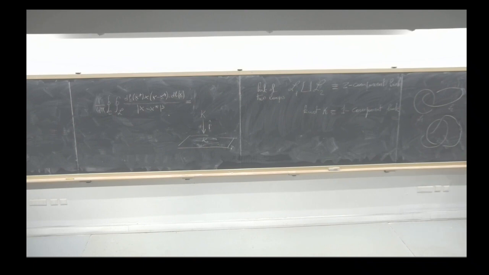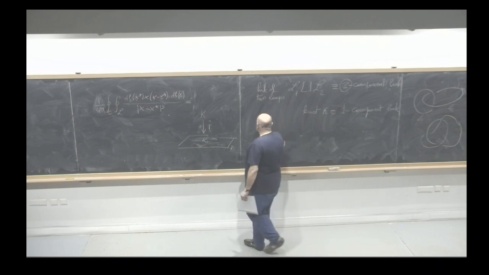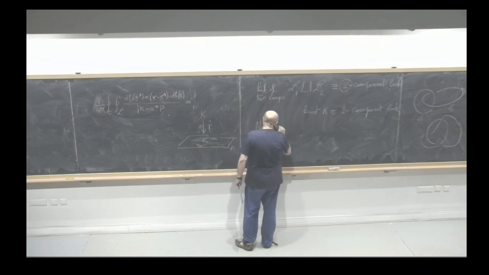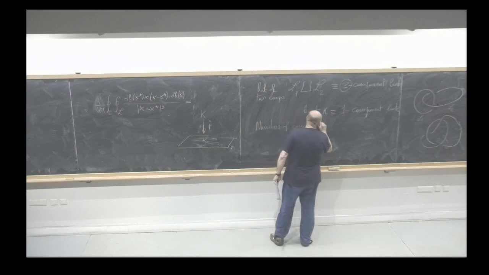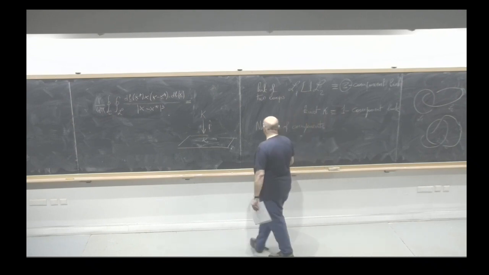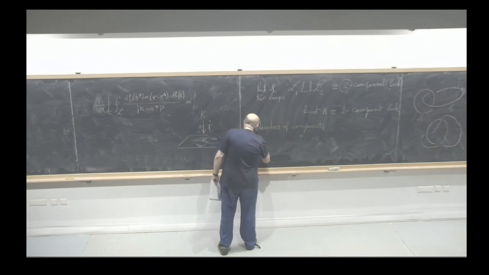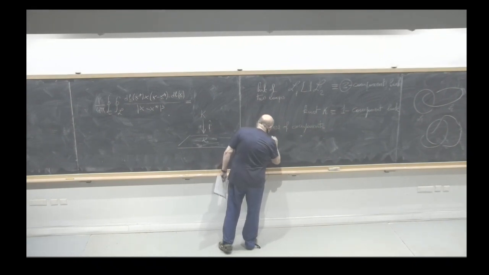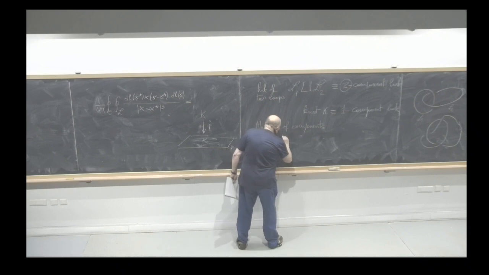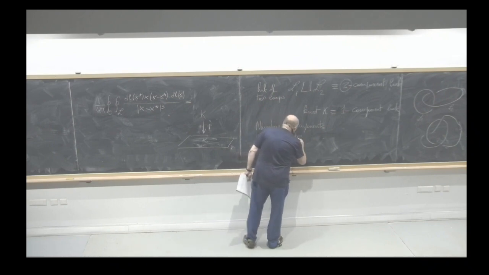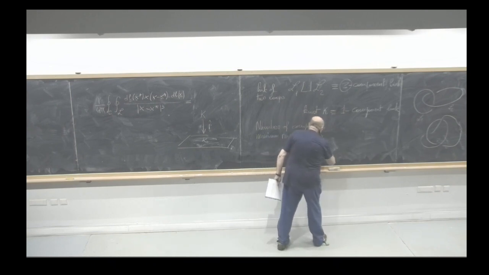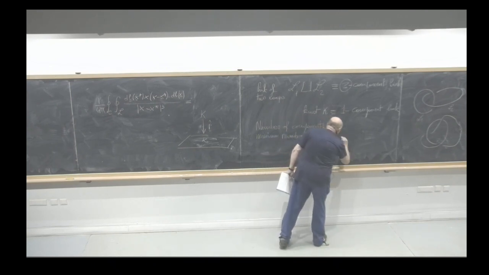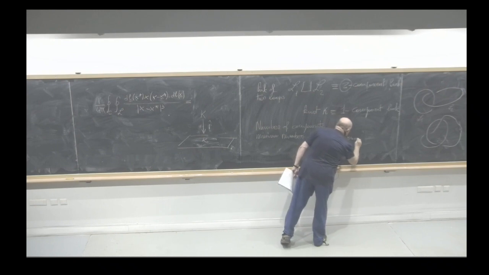Okay? So the number of components is an obvious candidate for a topological quantity, but also the minimum number of apparent crossings. Why do I say apparent crossings?